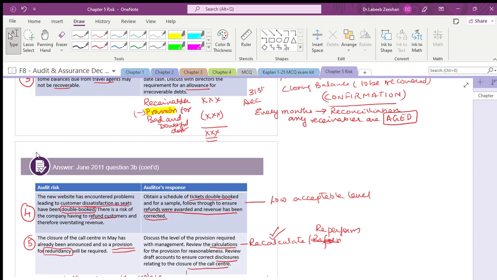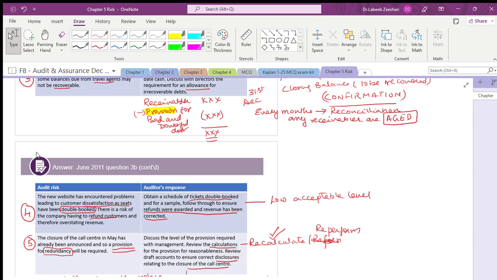You have to refund the amount only to those people who were booked twice, where the same ticket has been sold to a second person. Only for those persons you make a refund.